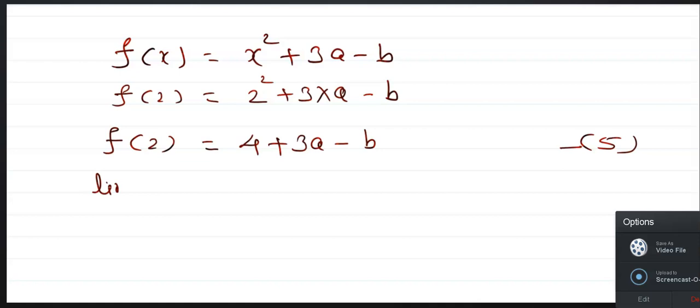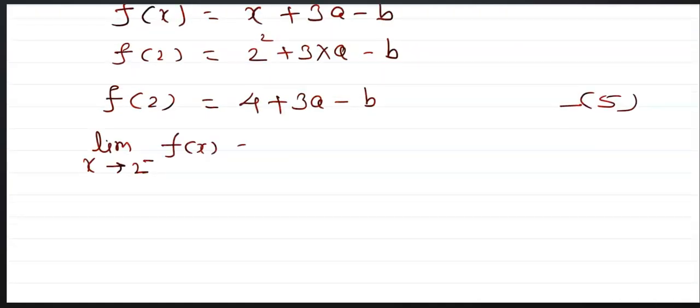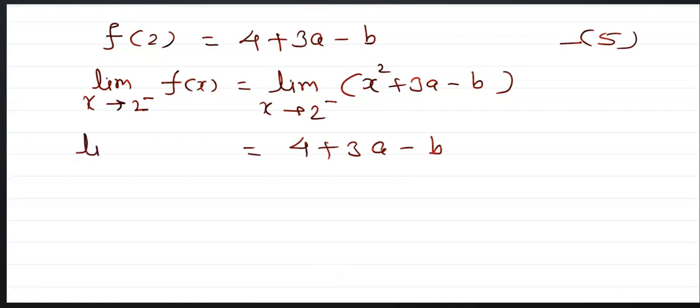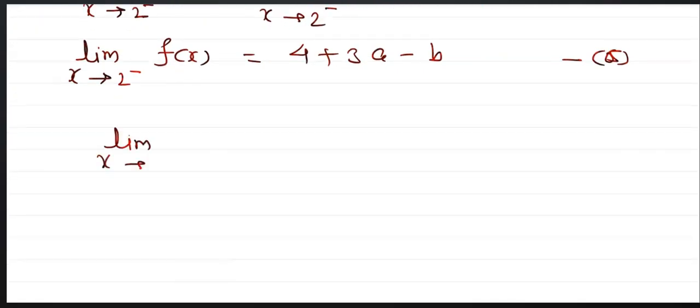Now next is the left hand side limit. F of x, limit x tends to 2. Therefore we will get 4 plus 3a minus b. This is equation number 6.